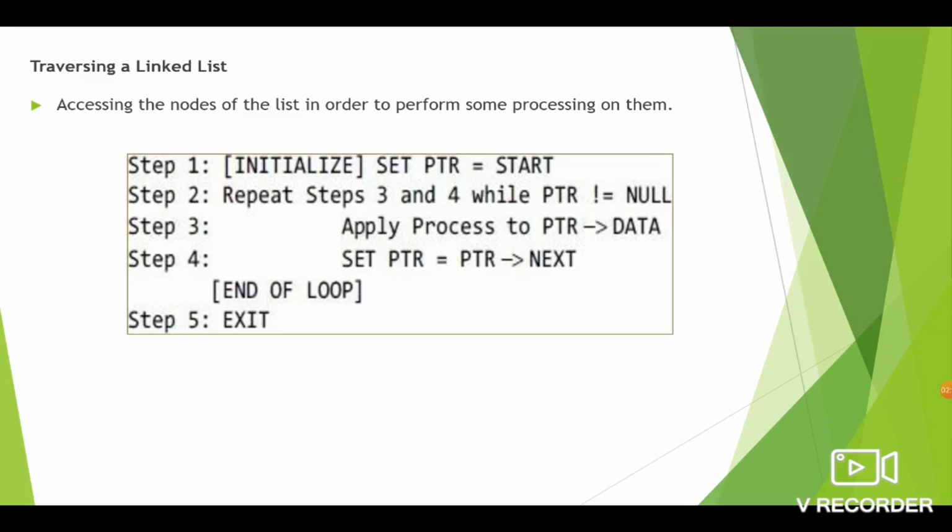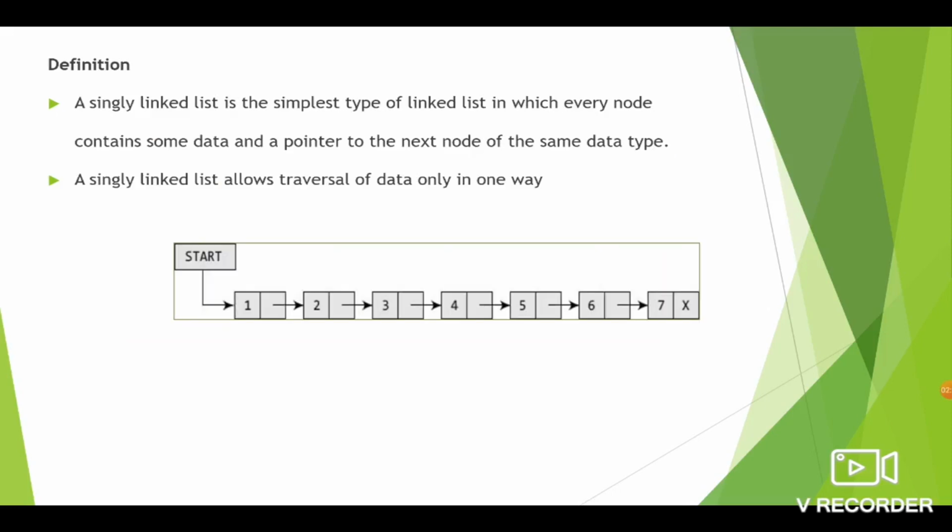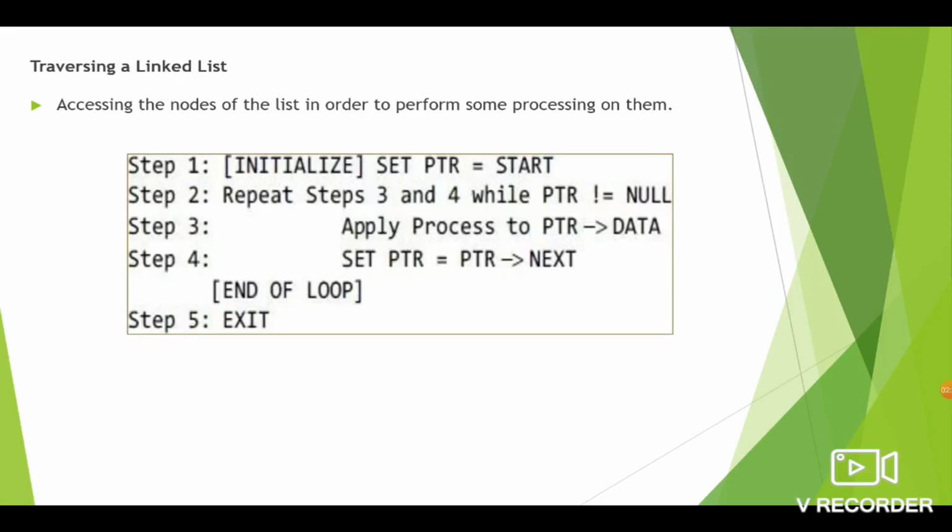How can we visit the nodes of the linked list? We know the start pointer points to the first node of the linked list. So you have to use one temporary pointer PTR that also points to the first node. After the first node is processed, using the variable pointer, you have to move the pointer to the next node using the statement PTR = PTR -> next.